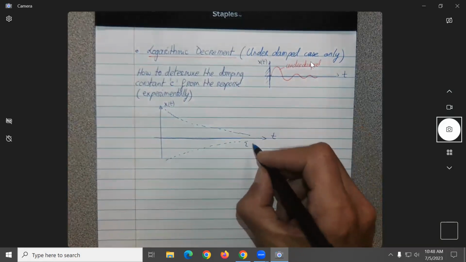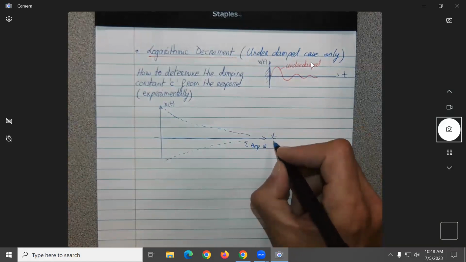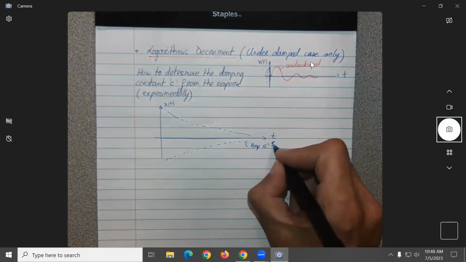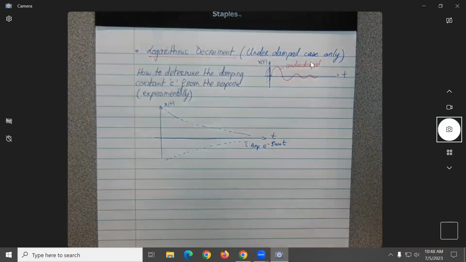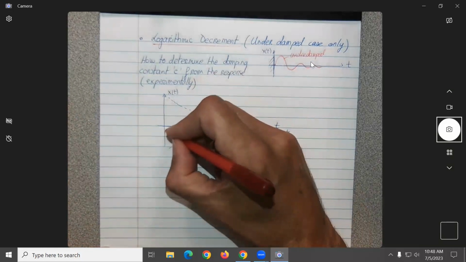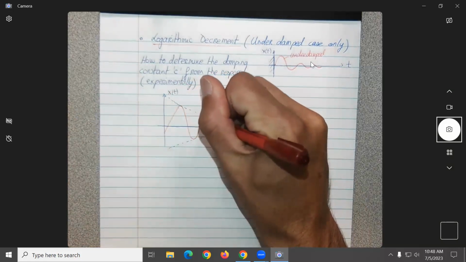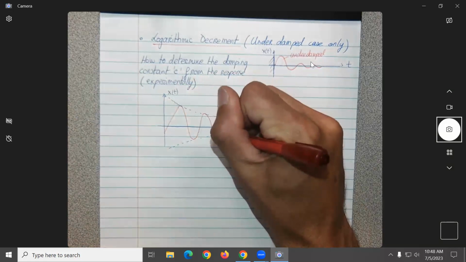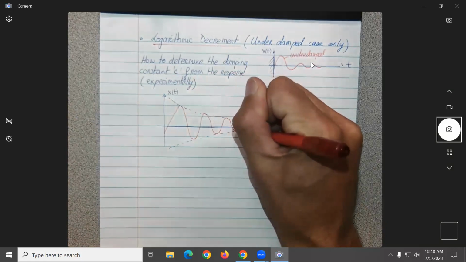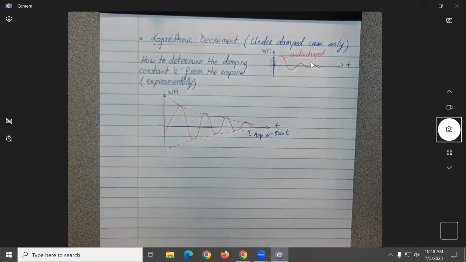If you want to be accurate, this will be the amplitude times exponential of minus sigma T. Okay, and we had here the response, and so on and so on.